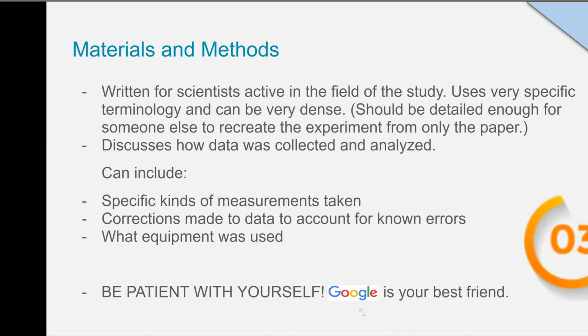It discusses how data was collected and analyzed. It can include specific kinds of measurements taken, but like I said before, corrections made to data to account for known errors. So that can be if, say, you're collecting data about locations of fish in the ocean.